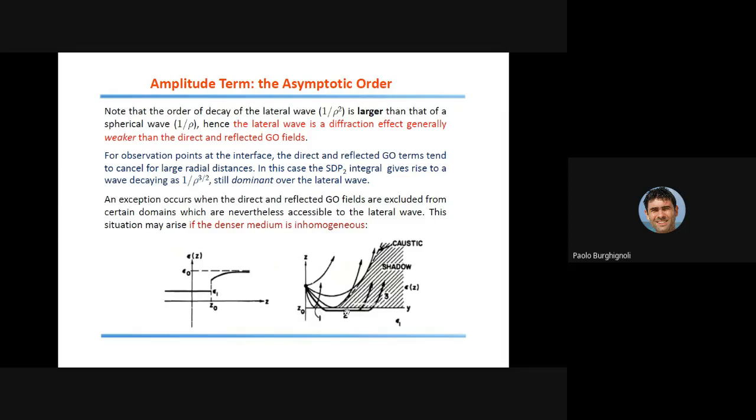Then it travels along the interface and goes into the shadow region, refracting back in the upper medium, like the lateral wave does. So in this case, the lateral wave becomes the dominant asymptotic contribution because there is no geometrical optics contribution that overcomes it in this shadow region. This is a very special situation, one of the few in which you can observe directly the lateral wave in the frequency domain.